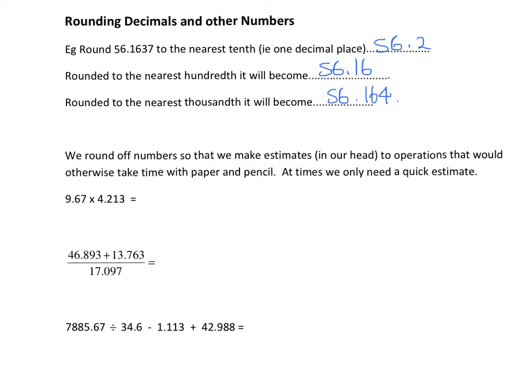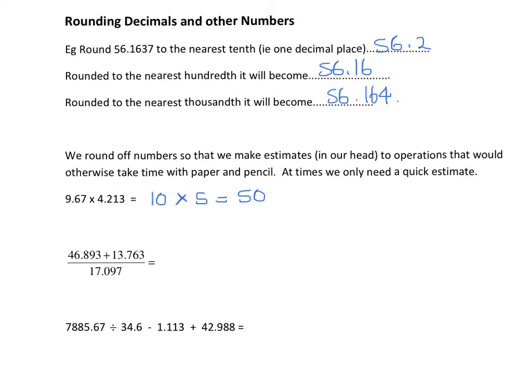So, for instance, rounding off 9.67 to 10 and 4.213 to either a 4 or a 5. I think I've rounded it off to a 5 in the solutions. So you can do that operation very quickly in your head. The answer is 50. It's an estimate of the answer, it's not the exact answer.